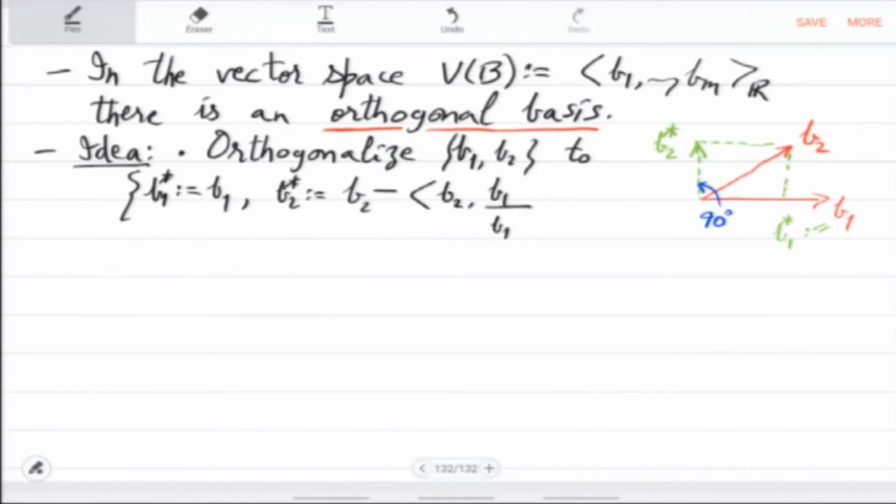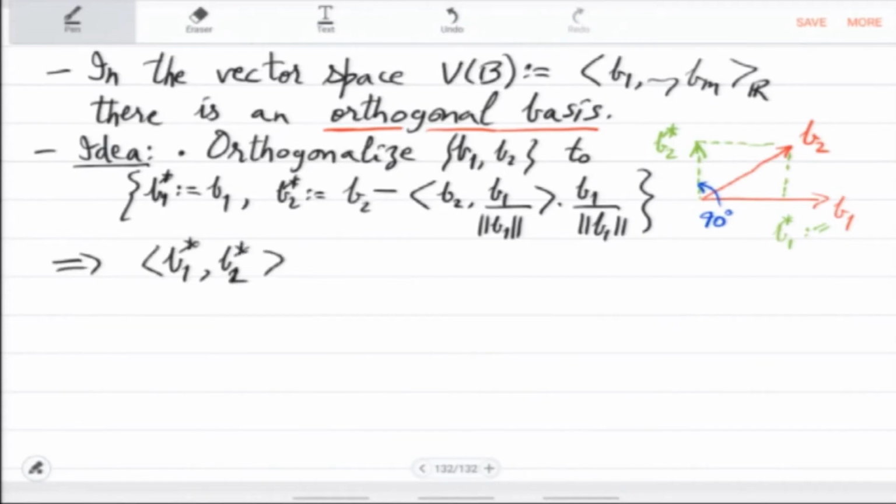So you have to take the unit vector. Basically look at the direction B1 and project B2 on that, that is the component B2 comma B1 over norm of B1, and then in that direction you do the subtraction. So you can check that the inner product of B1 star and B2 star is 0. This follows easily.